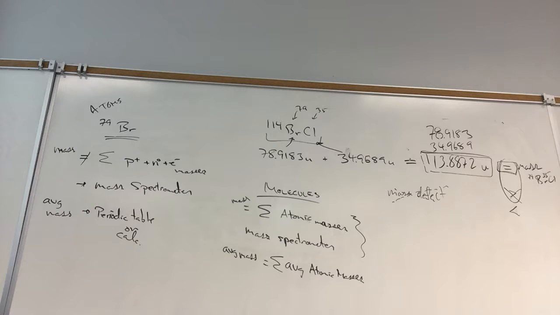All right, so the question was, why do we need the masses here? Is it to throw us off? In a way, not really, because they're asking you to sketch a mass spectrum for bromine chloride.